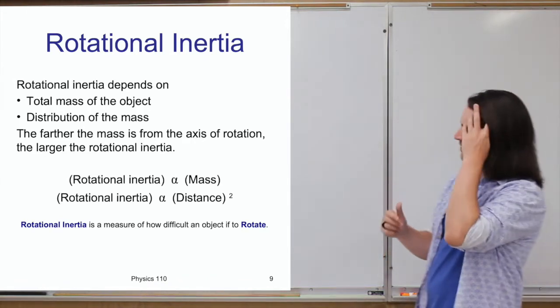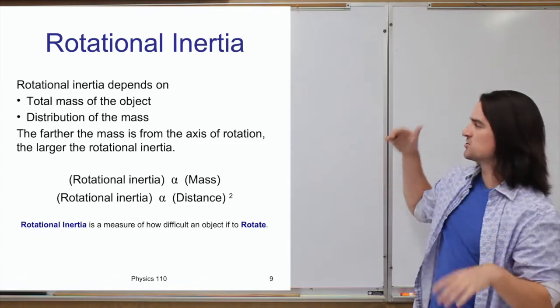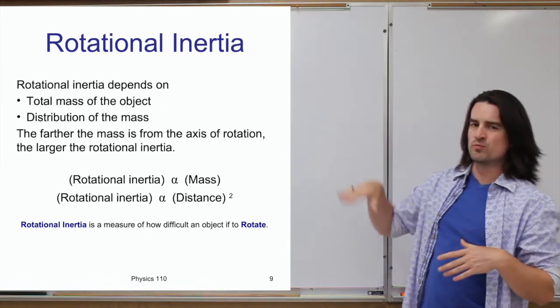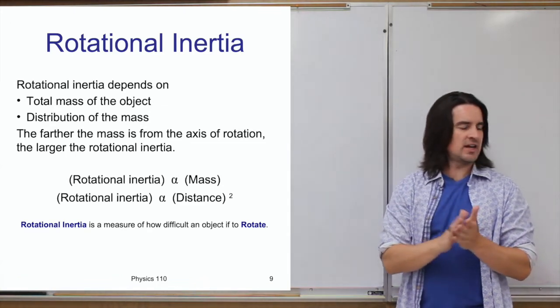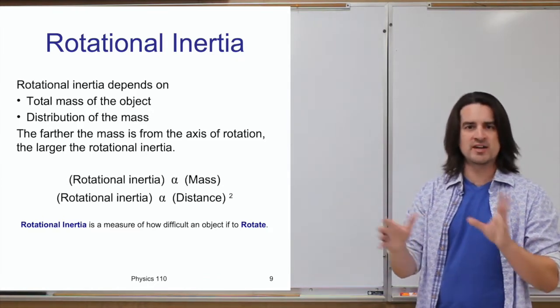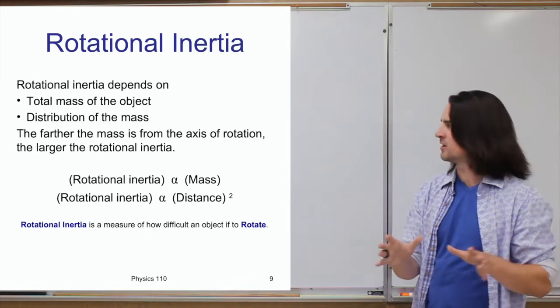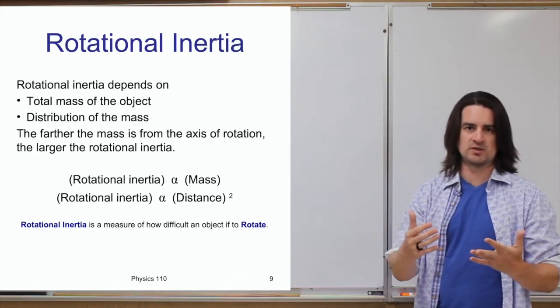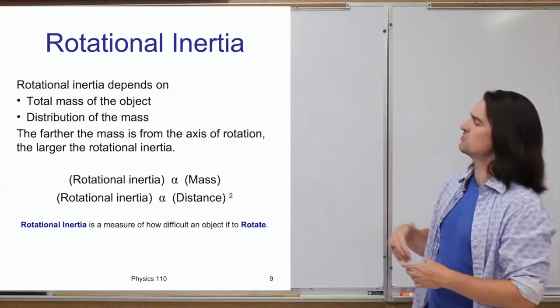But yeah, there you go. And essentially, the more asymmetric mass is distributed around the axis, whatever axis you're rotating about, the larger the rotational inertia is going to be. So it depends on those two things.